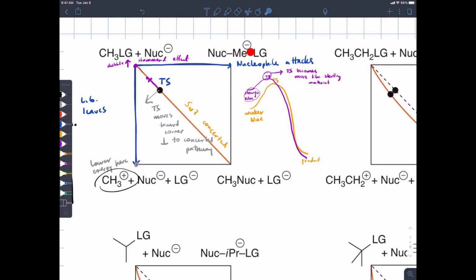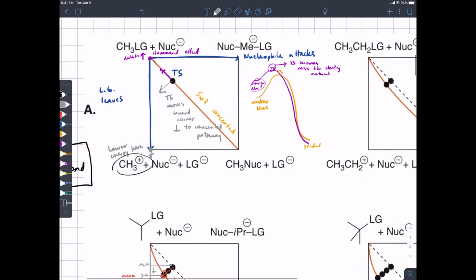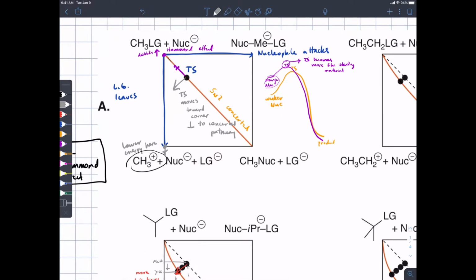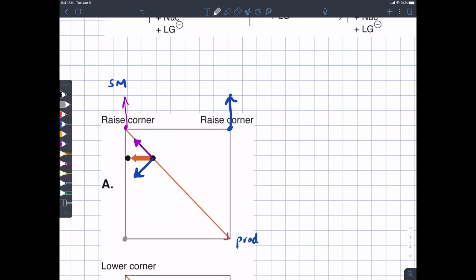And that's unstable enough that I don't really have a good example for you about how you would make this more stable. So what we did for the substitution reaction is instead we considered, what if I made a change here? And we talked about if I lower the energy here by making the carbocation more stable, the transition state moves to become more carbocation-like. It moves towards that corner. So similarly here, instead of saying we're lowering this corner, we're saying we're raising this corner.